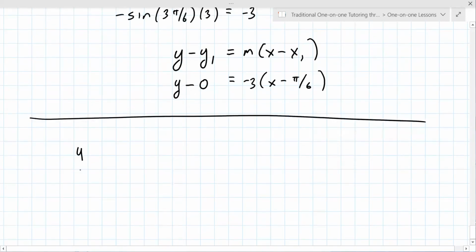All right, so y equals 2 sine, just trying to think of something here. 3x. No. Let's do cosine again.